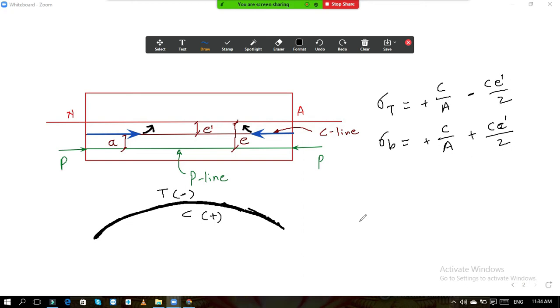A pre-stressed concrete beam is 400 mm by 600 mm. I will write the given data first. Here I will write directly the cross section of the beam. It is given as 400 mm by 600 mm.